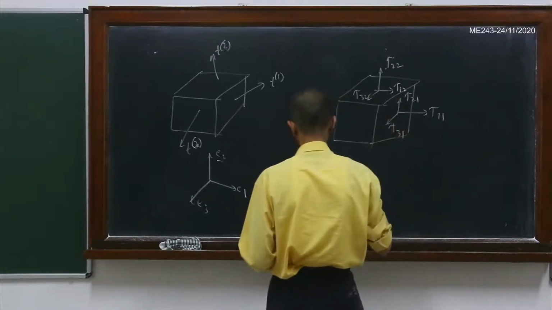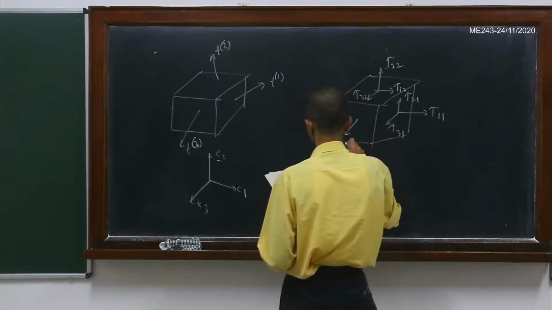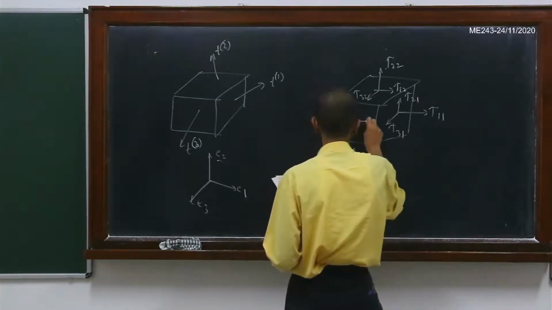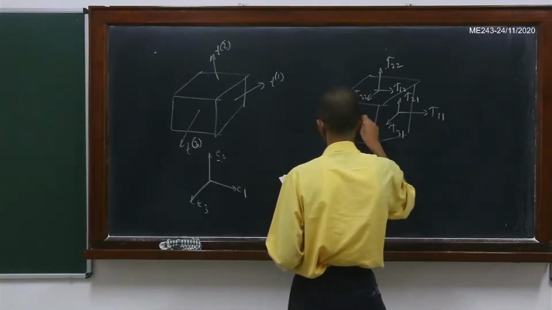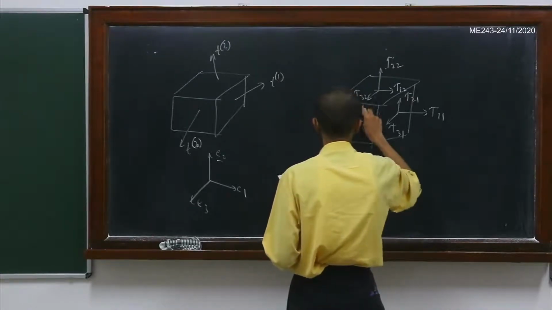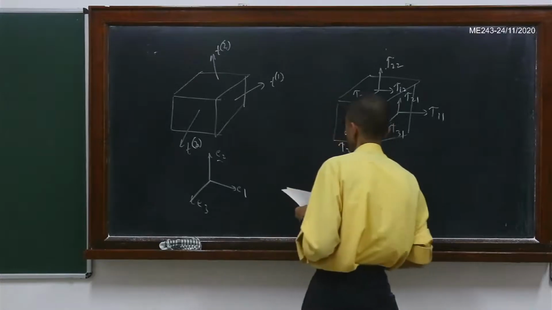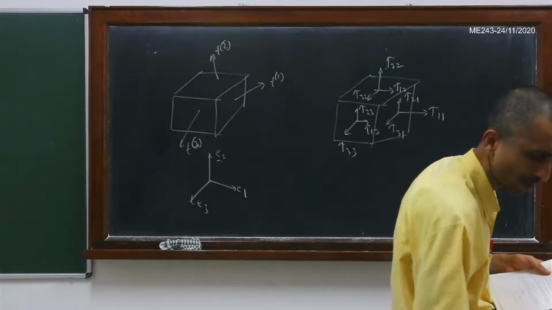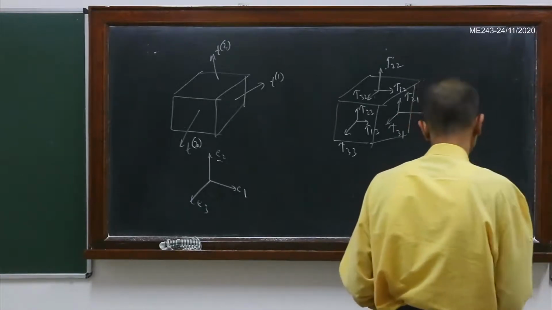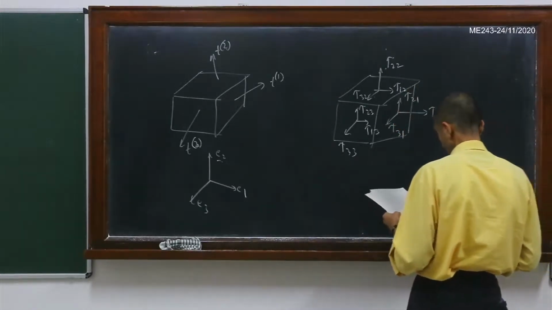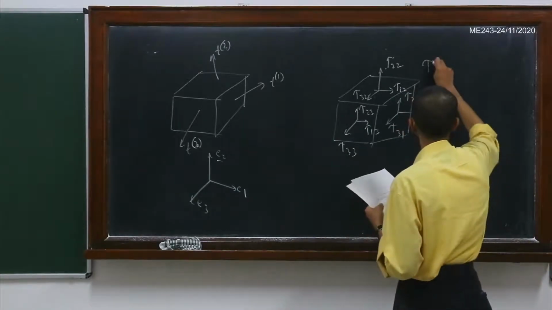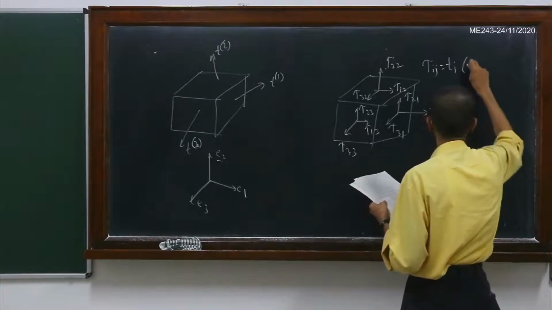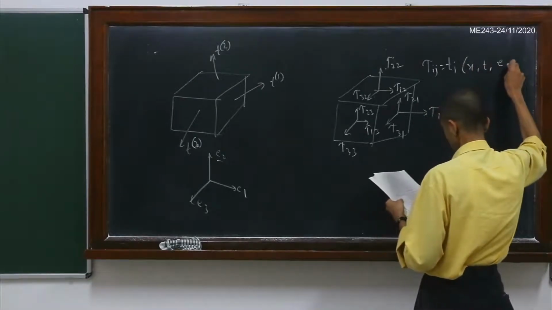And here this is tau 3, this is tau 1 3, and this is tau 2 3. So tau ij is Ti of x times Ej.